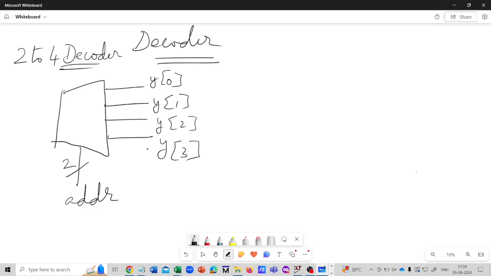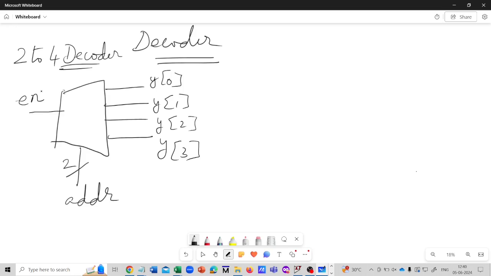The way I am describing the lines at the output, it must be evident to you that these lines are declared using a single 4-bit vector. And I hope you know how to declare these lines. Of course, I will be including the sample codes also in the description. And I'm also adding one important port called the enable.